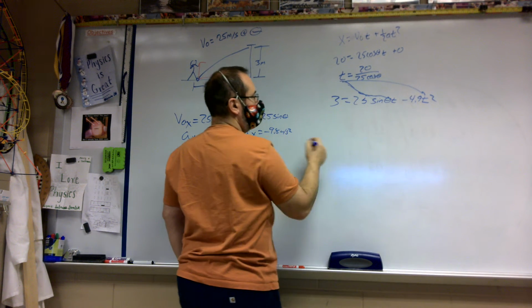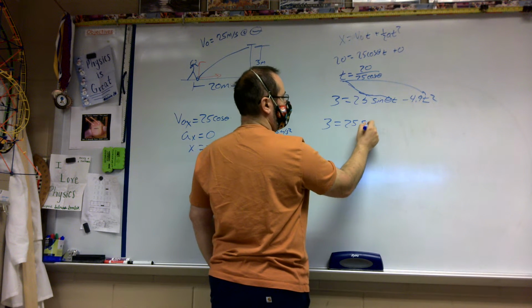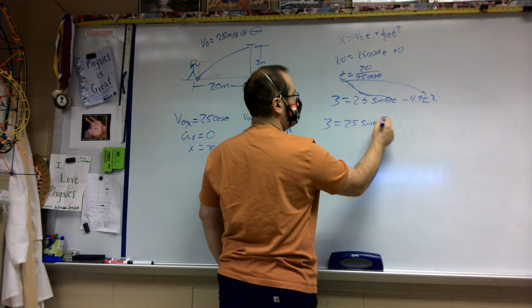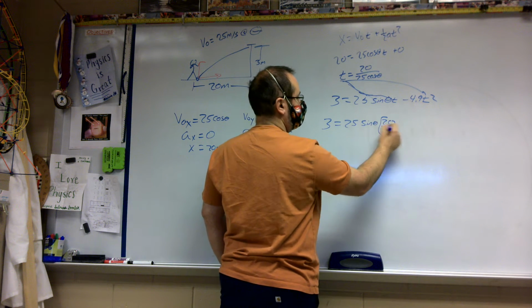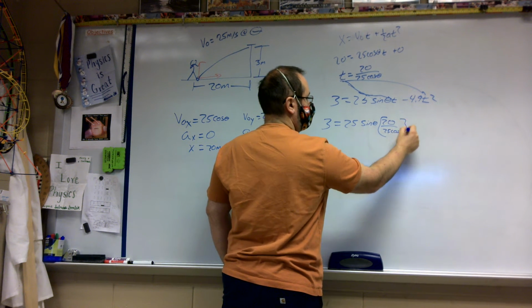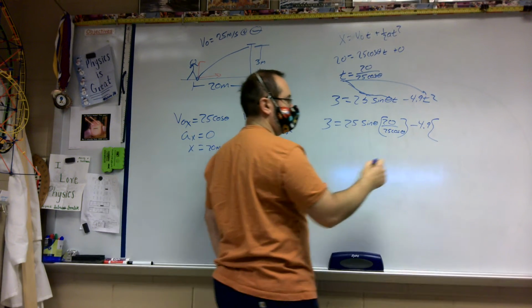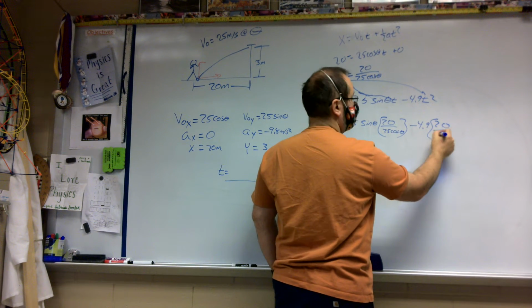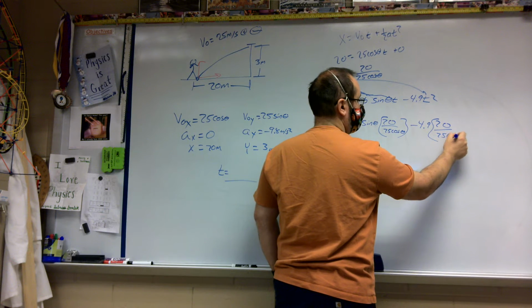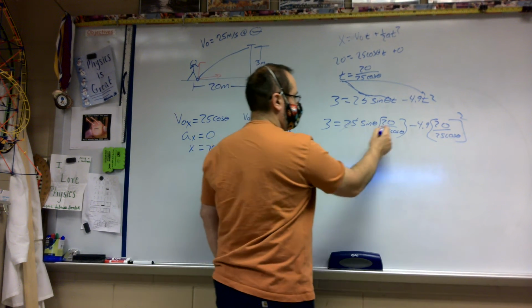When we do that, we get 3 is equal to 25 sine theta times, this is the substitution in the brackets, 20 over 25 cosine theta, minus 4.9 times, this is the part that makes this challenging, 20 over 25 cosine theta squared. The 25s cancel out.